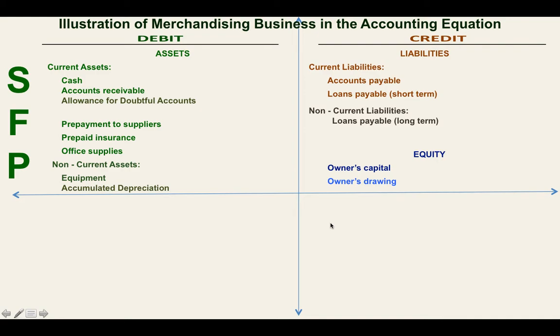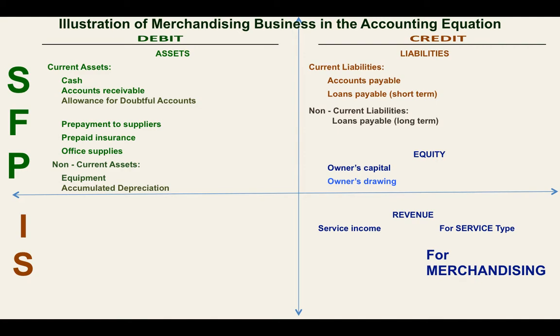And now in merchandising business, we will have an additional account that we are going to use. And that is, let's take a look first of the income statement of service business. So the income statement for service business, the revenue is service income.